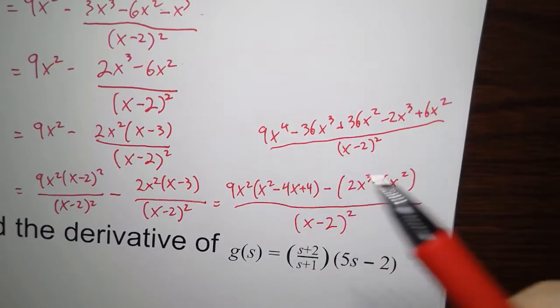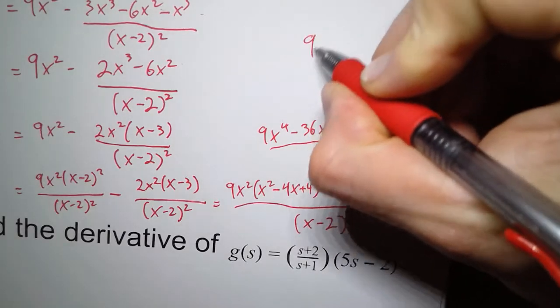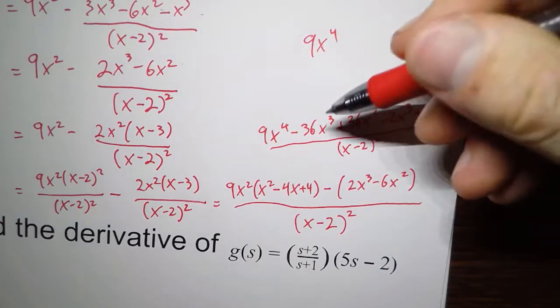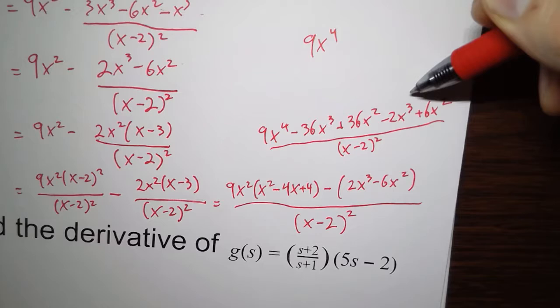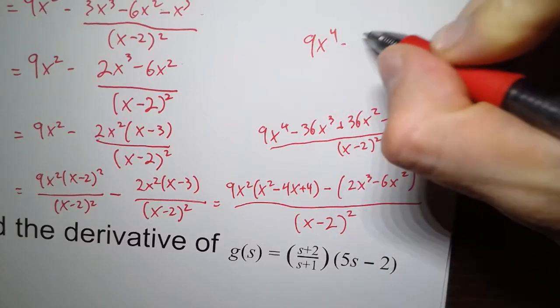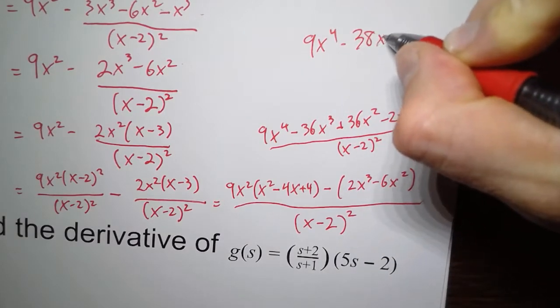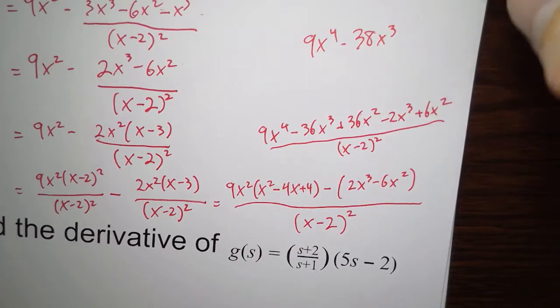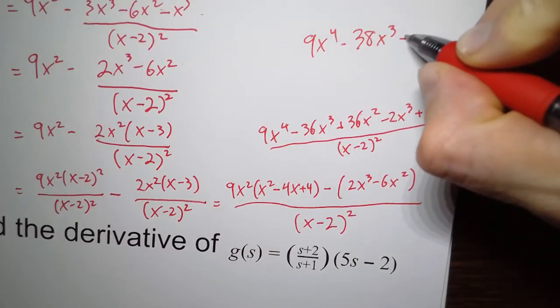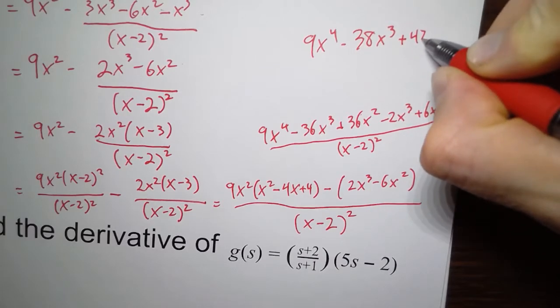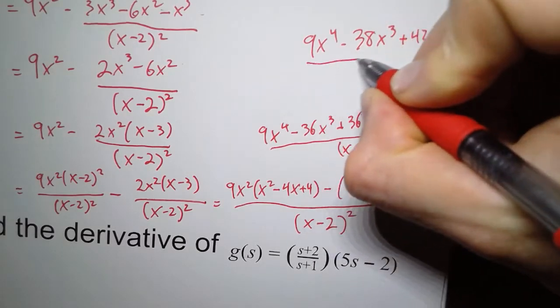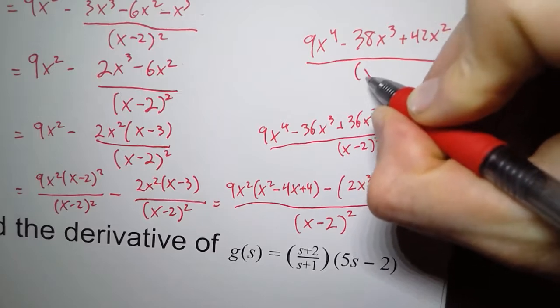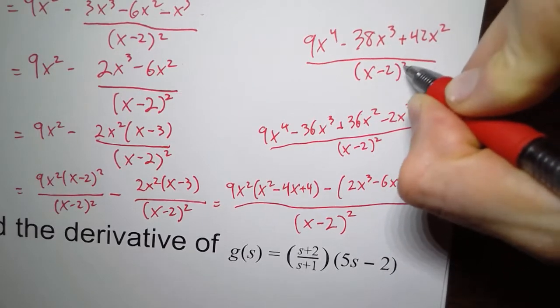So we combine our like terms. So we have 9x to the 4th. Here we have an x cubed and an x cubed, so that's minus 38x cubed. Plus 36 plus 6x squared makes that plus 42x squared all over x minus 2 quantity squared.